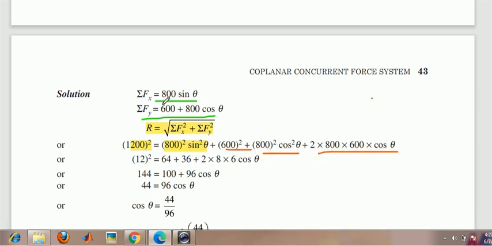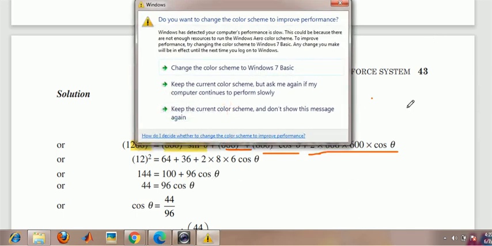So this is in the form of a plus b whole square, a square 600 square, b square 800 cos square, and 2ab. So just consider 2ab, just expand that one. So again there is a simplification, you just simplify here and here.